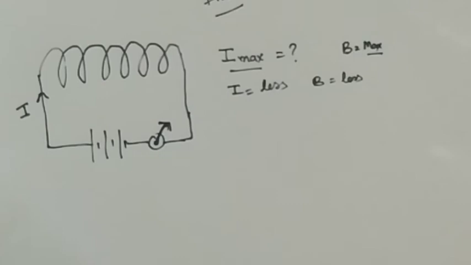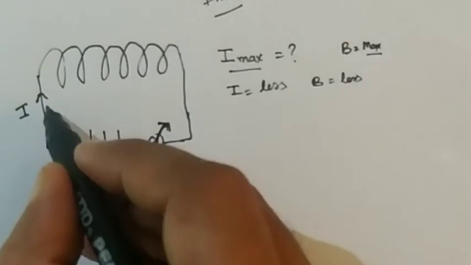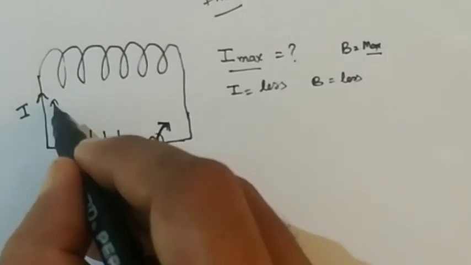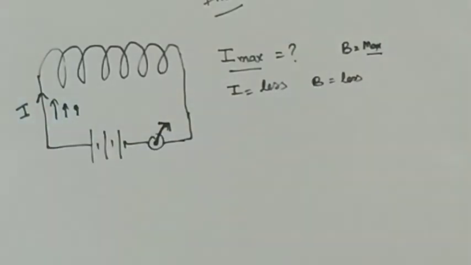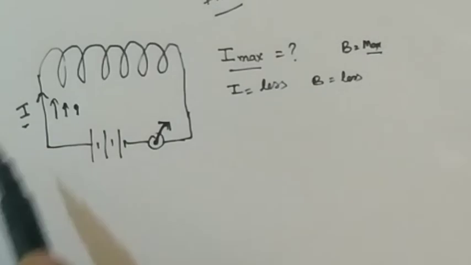According to Lenz's law, the induced current is produced in such a way as to oppose this decrease. So here the conventional current is decreasing. How can it oppose this decrease?